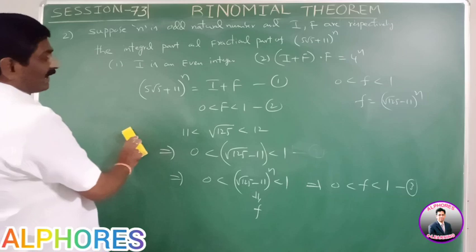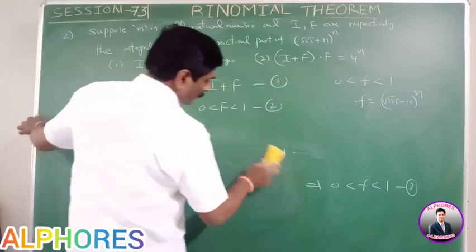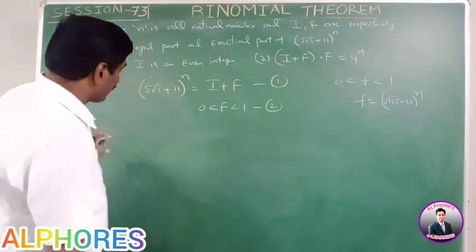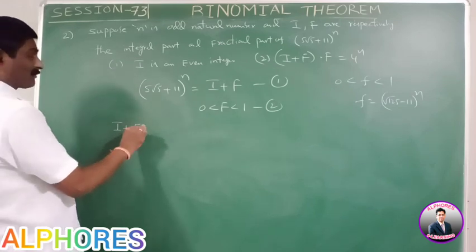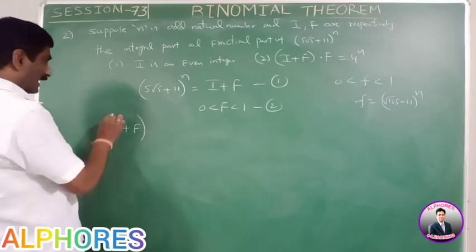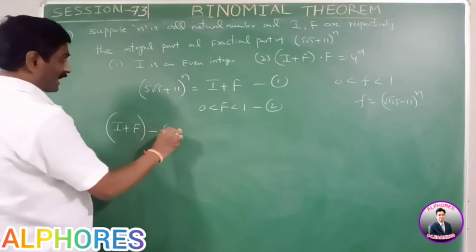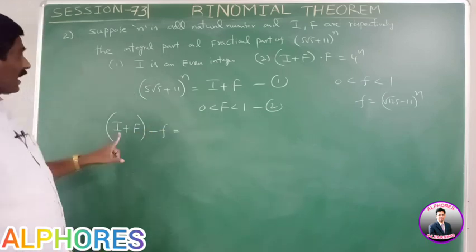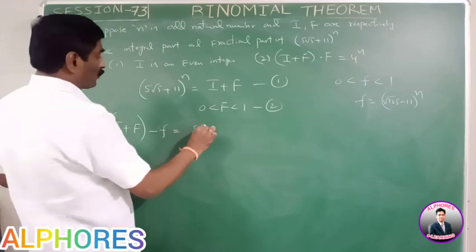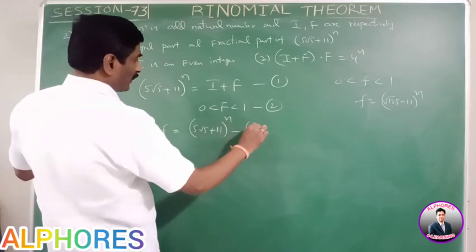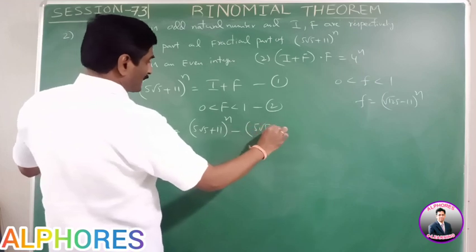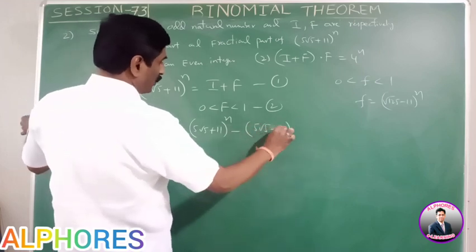Now consider I + f − f. In the previous case we considered I + f, but in this case I consider I + f − small f. Please observe this value. I + f − f means (5√5 + 11)^n − (5√5 − 11)^n.